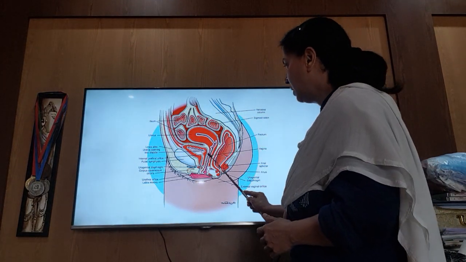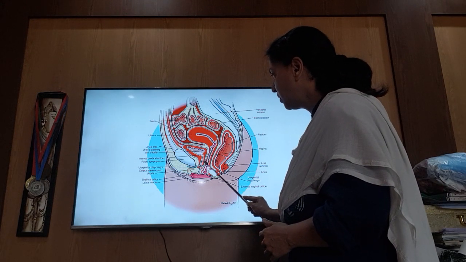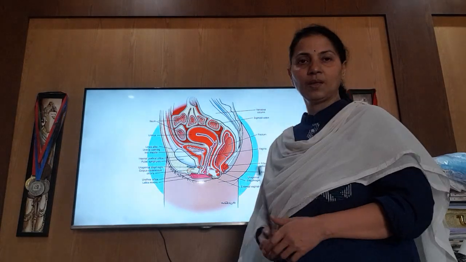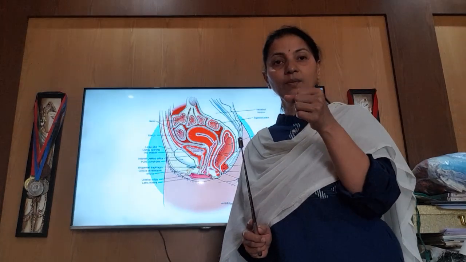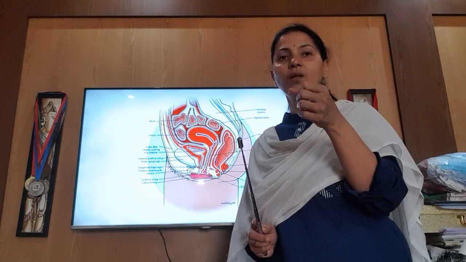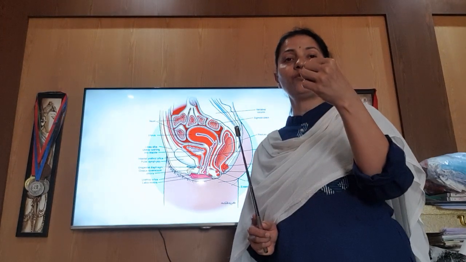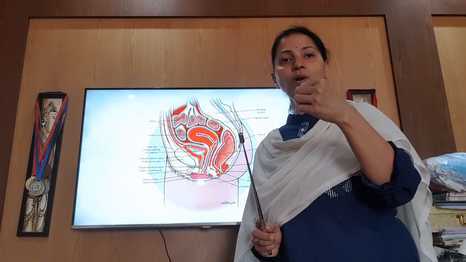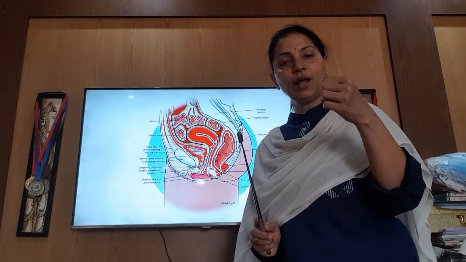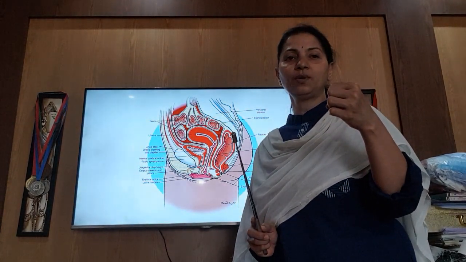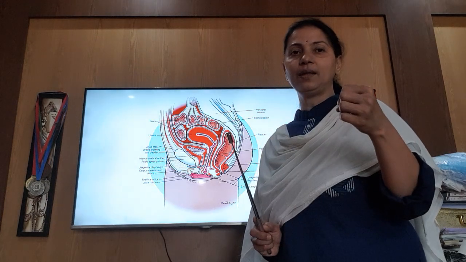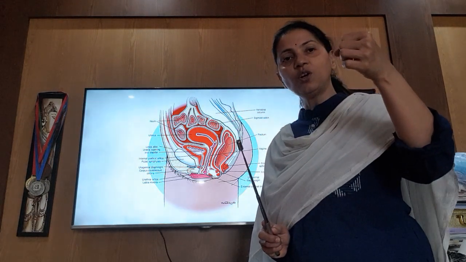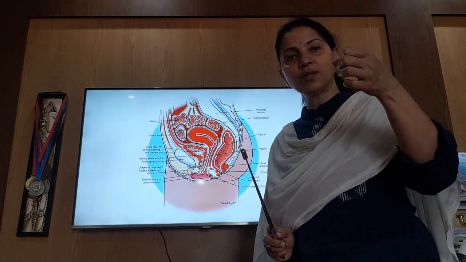But the preprostatic urethra, meaning the urethra just before the seminal vesicle, where the prostatic fluid drains its secretion along with the sperms through the ejaculatory duct, is called the preprostatic urethra.